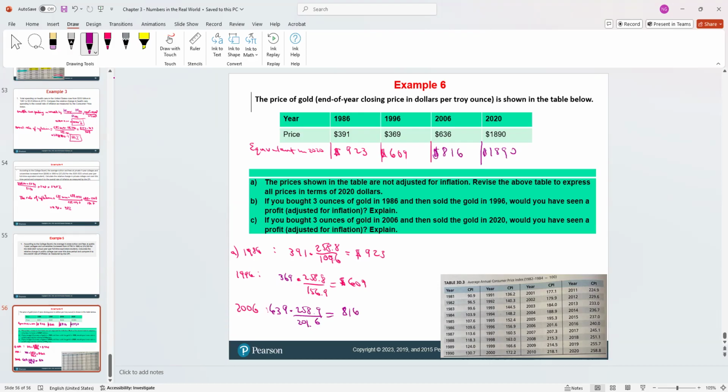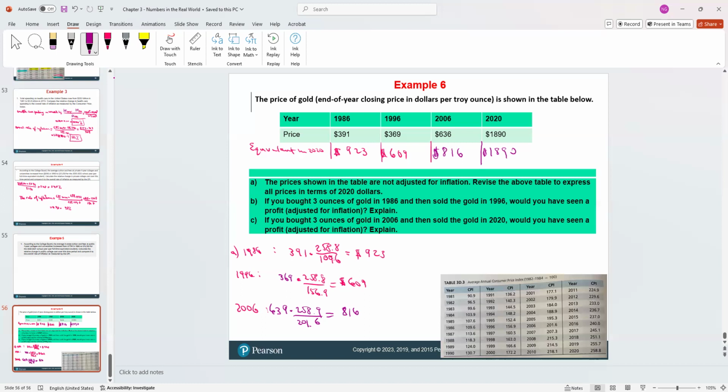The question is, if you bought 3 ounces of gold in 1986 and then sold the gold in 1996, would you have seen a profit or not? When you adjust for inflation, $609 per ounce is a loss compared to 923.